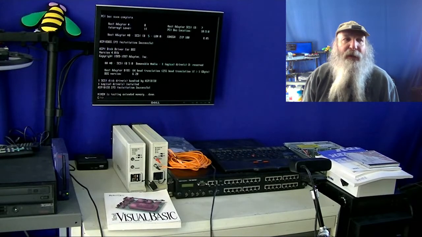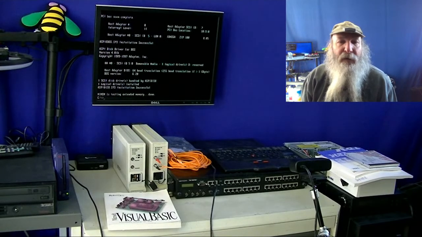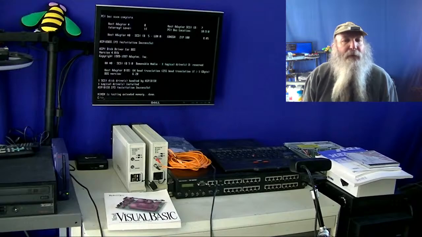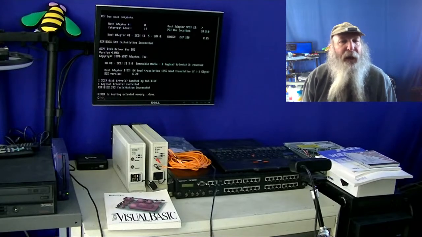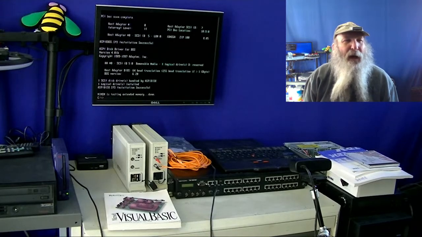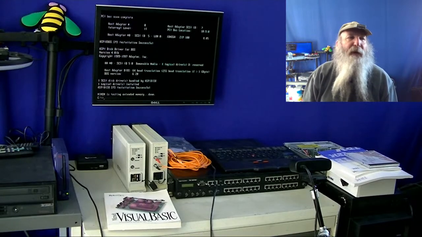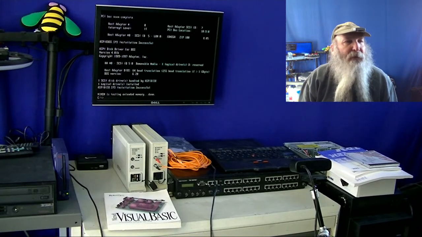Now I do have a little bit of cabling, that Type 1 cabling, the DB9 to the Type 1 hermaphroditic connector. I probably don't have a bunch of spare cabling, but you can find cabling out there for the Token Ring stuff as well.